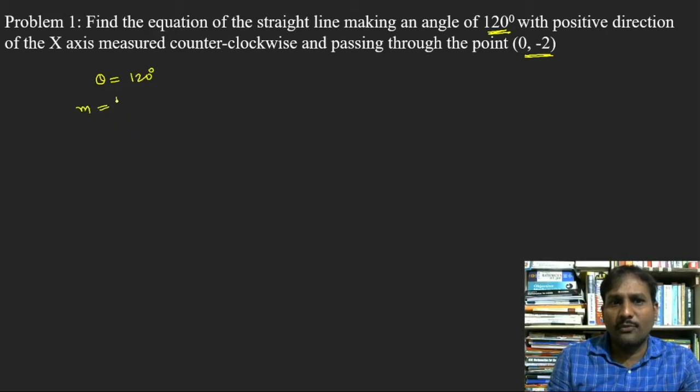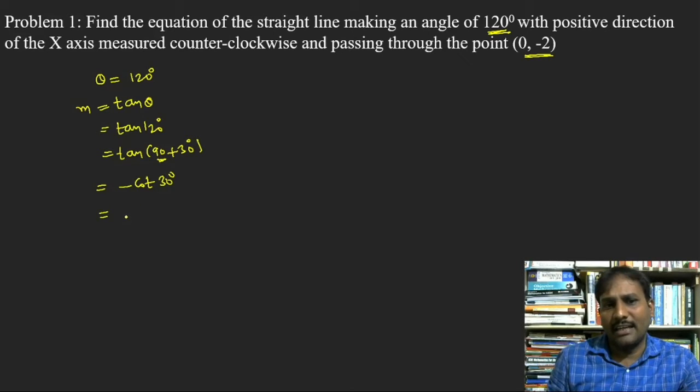So what is the slope formula? m is equal to tan theta, that is tan 120, and you can write 120 as 90 plus 30 degrees. So you can write this as tan(90 plus theta), second quadrant, and when it is 90, tan will become cot 30, and tan is negative in the second quadrant.